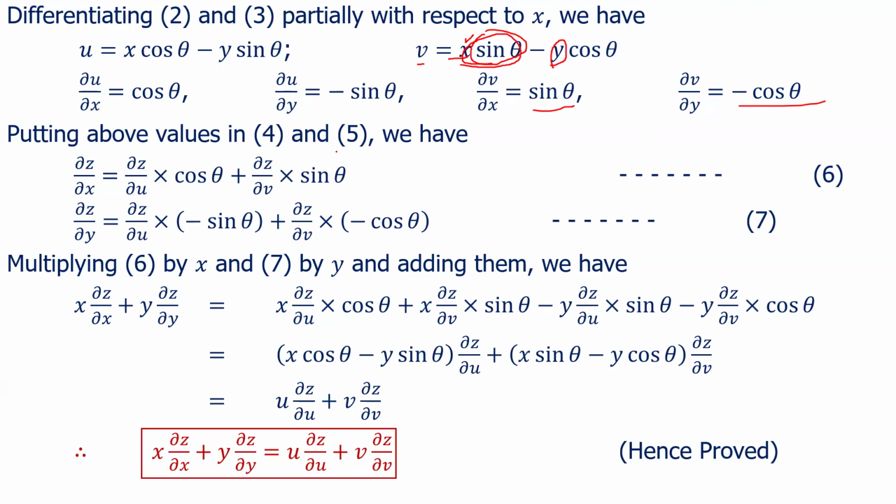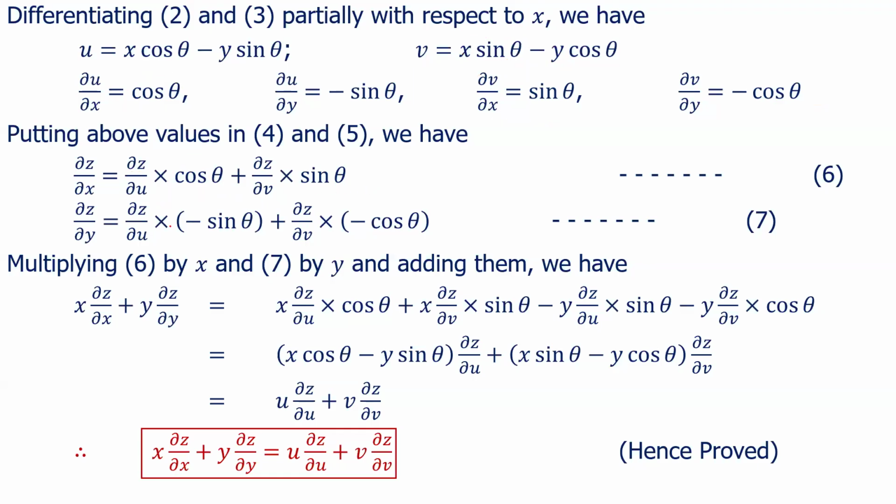Putting the above values in 4 and 5, we have ∂z/∂x equal to ∂z/∂u from equation 4, and the value of ∂u/∂x is cos theta, plus ∂z/∂v, and ∂v/∂x is sin theta.